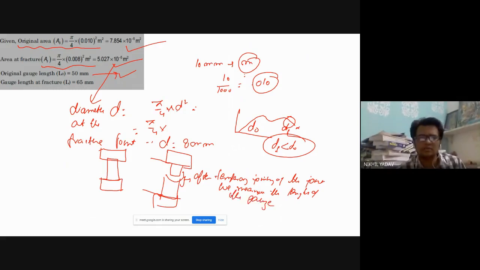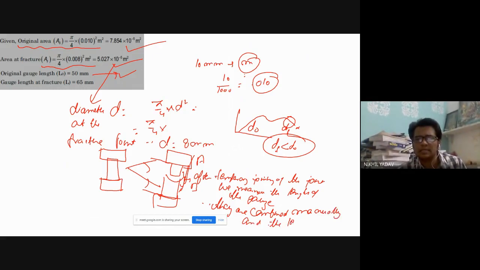Suppose this has gone into two parts, A and B, we will simply join them manually, and the length is measured, right? In that case, they have found it 65 mm. Fine.